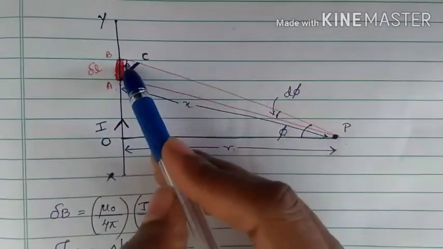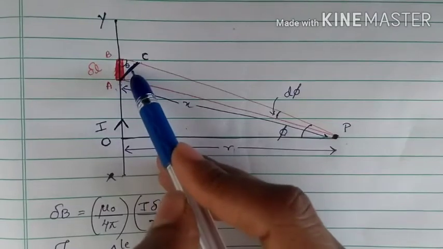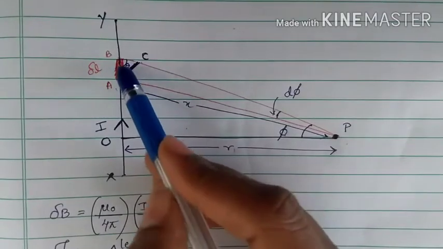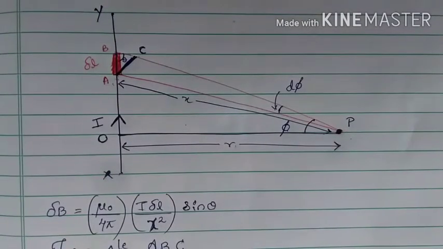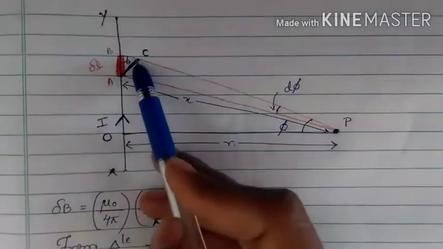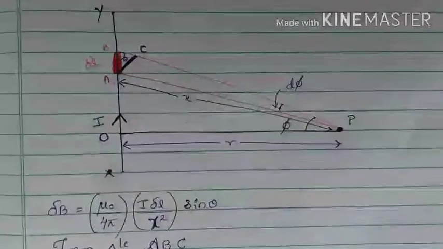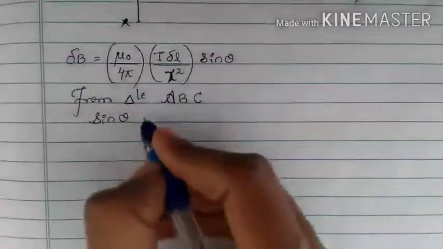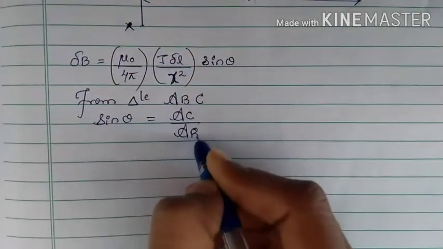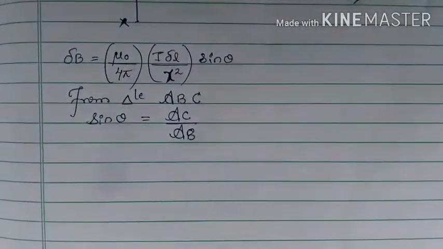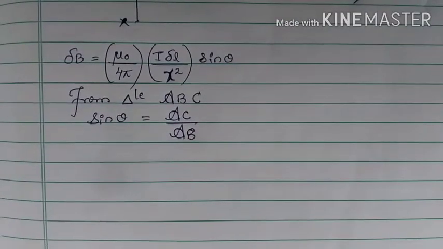The side opposite to theta is the opposite side of the triangle, and this is the base. So now I can write sin theta as AC by AB. Clear? AC by AB. So this is sin theta from the triangle ABC.